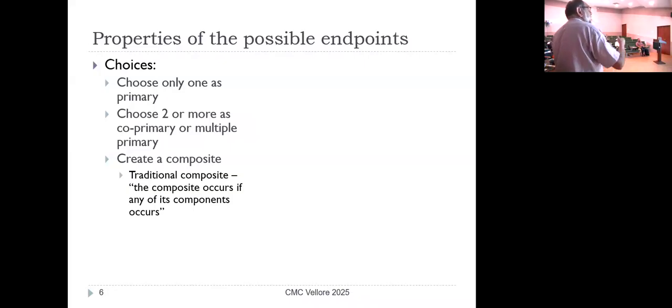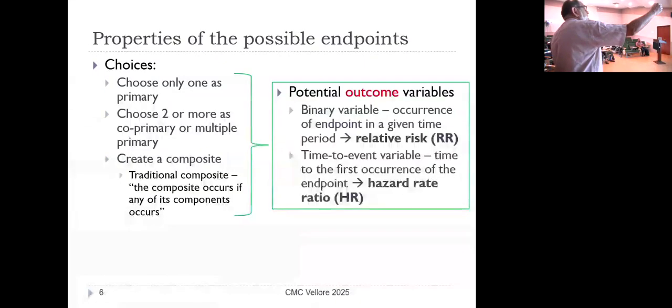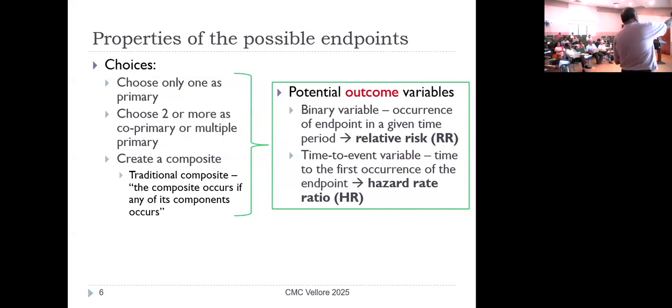I can either do binary, the occurrence of the endpoint in a given time period, or the topic of this course, I can do a time to event variable, time to the first occurrence of the endpoint, what we've been doing so far. So I can have time to the occurrence of the single one that I have, or time to the occurrence of one, or the second, or the third.